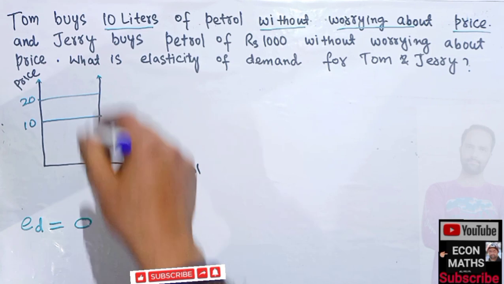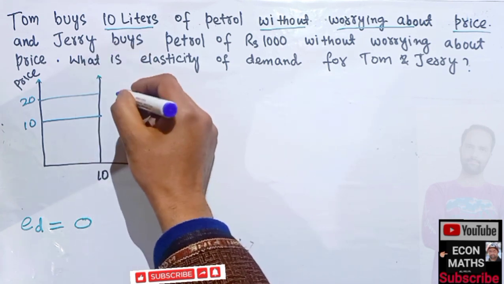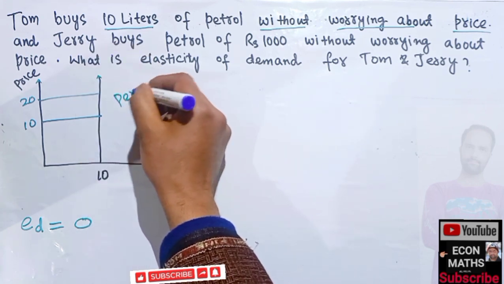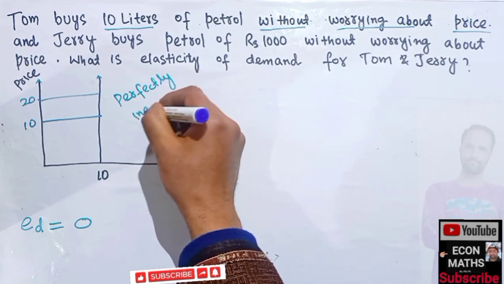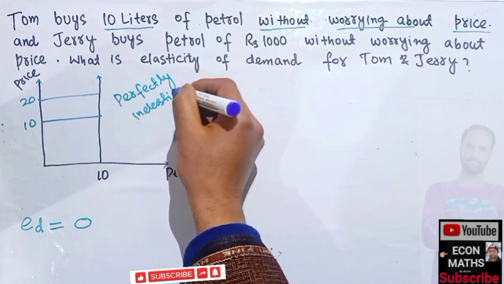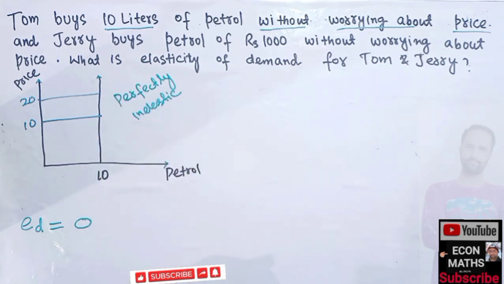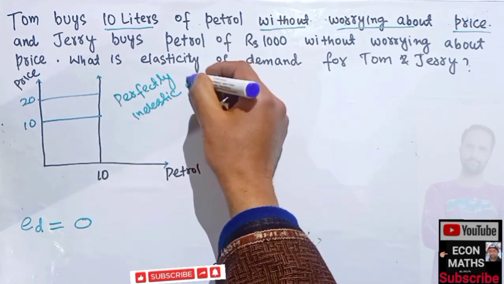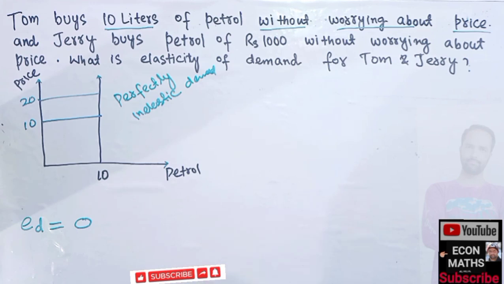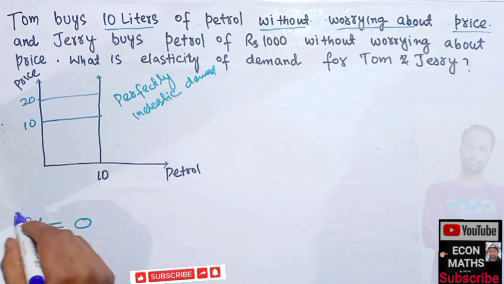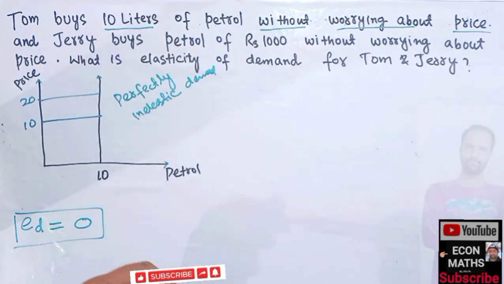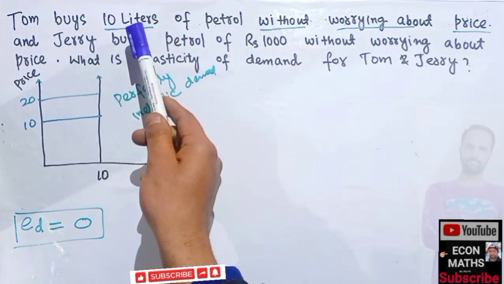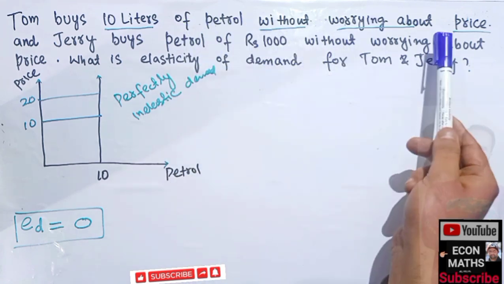Any change in the price of the petrol will not change his requirement for 10 liters of petrol. By this we imply he has perfectly inelastic demand. This vertical line denotes perfectly inelastic demand, which means elasticity of demand is equal to 0. This is the statement from the first part of this question, that Tom buys 10 liters of petrol without worrying about price.